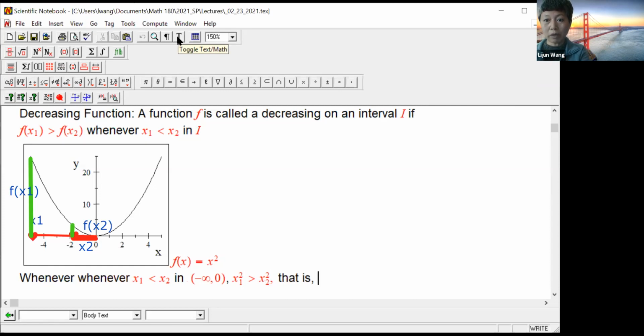I'm quoting it, but you have to judge this statement because whoever grades your work isn't gonna judge whether your statement is true or not. You follow me? Okay, this is f of x1, and this is f of x2. So this is just to quote the definition.